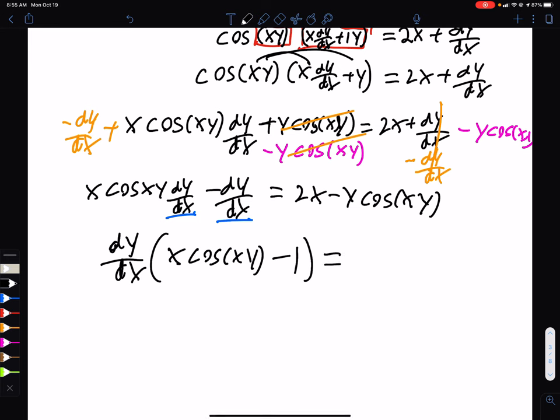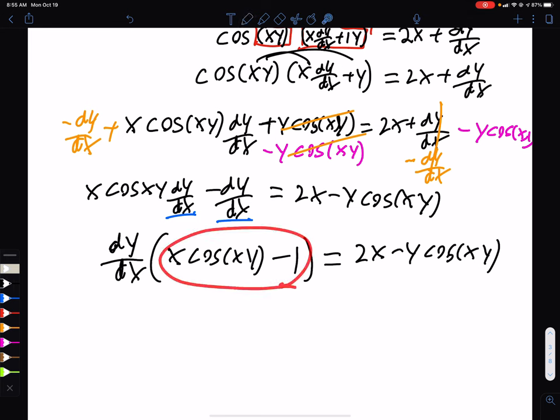And if I factor the dy dx out, I'm going to be left with a minus 1. And remember, you're doing backwards factoring. You're not going to have nothing there, because when you distribute that, you need to end up with that. If you put a 0 there, it wouldn't match up. So we have that. On the right side, everything stays. Now, how do I get rid of all of that? Well, if something's being multiplied, I divide by that.